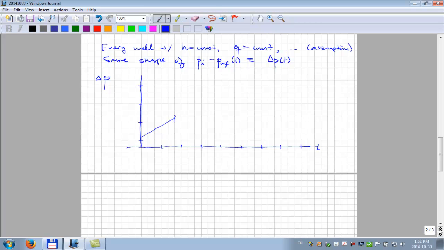And then I'm going to put a little line there, and it's going to go like that. Every well is going to look just like that.